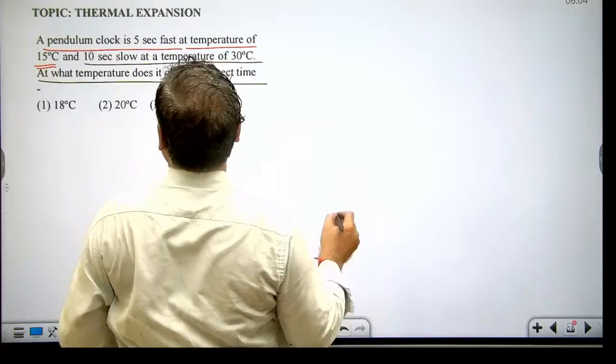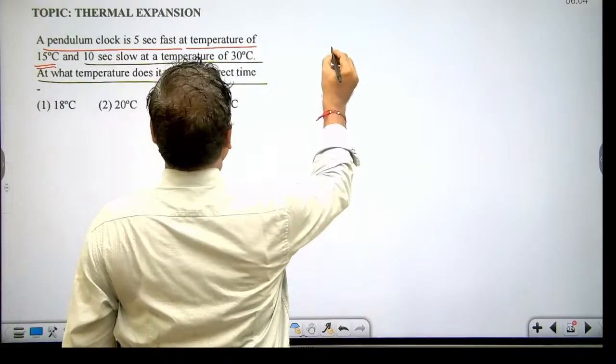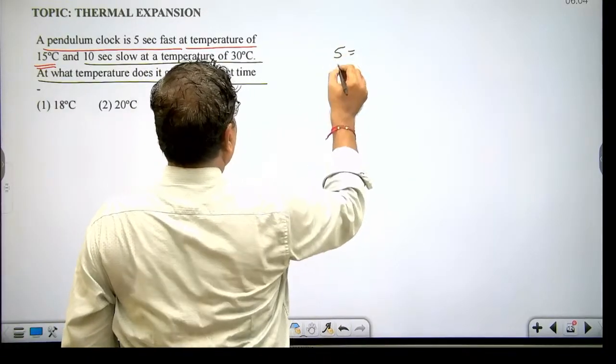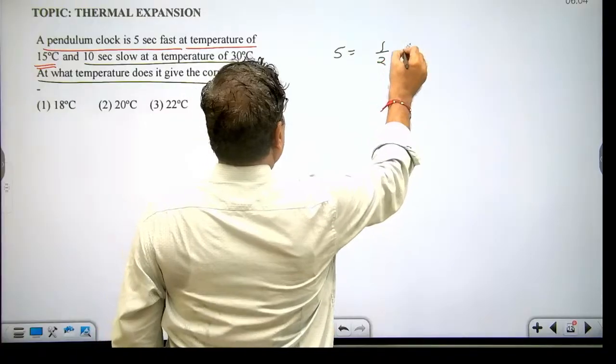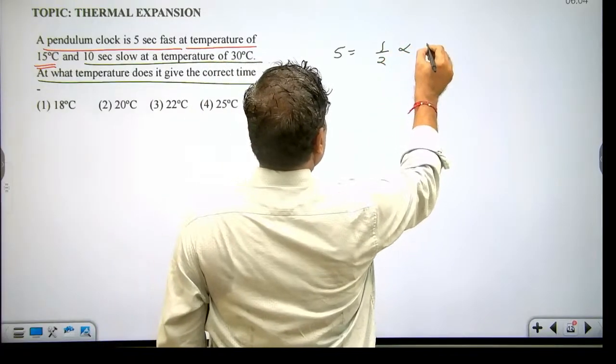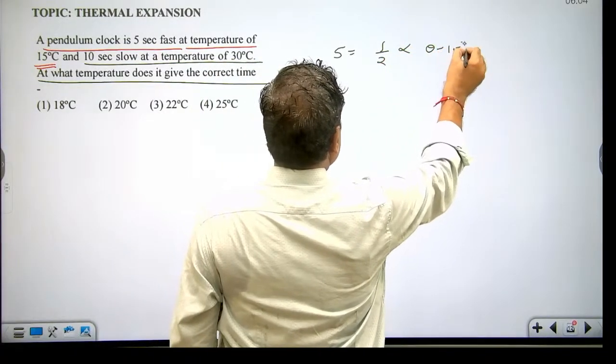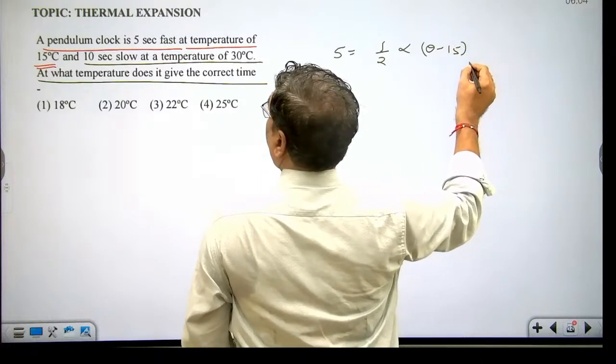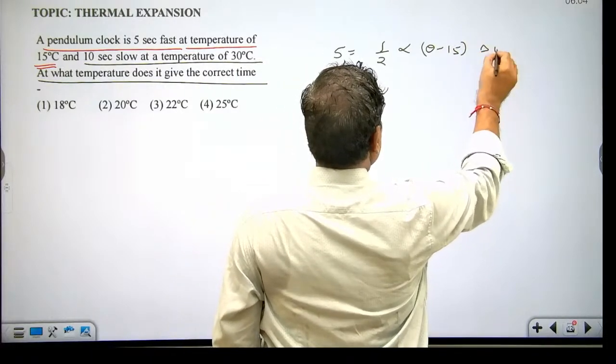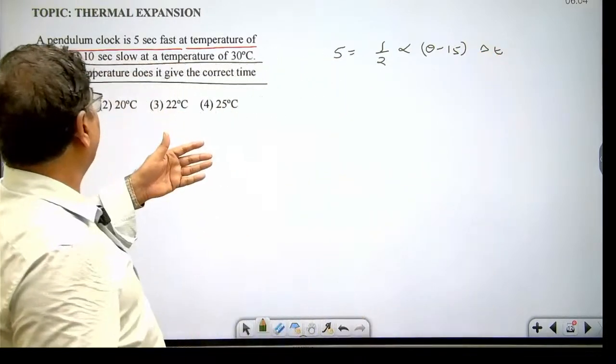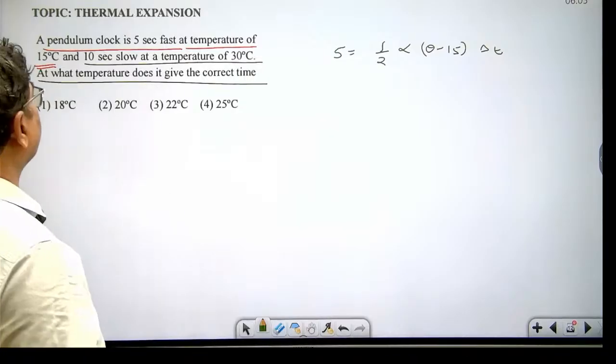It is 5 seconds fast, which means gain of time: half alpha delta theta, meaning theta minus 15, into the time interval.